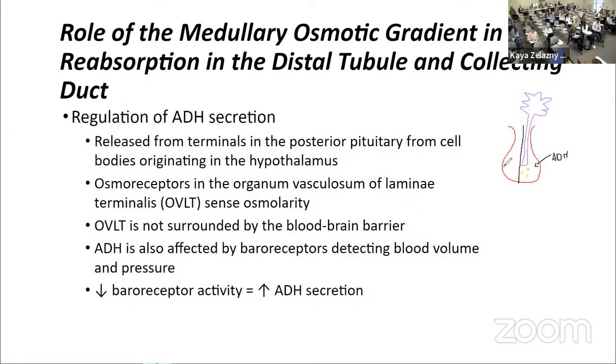Okay. Now, in order to determine whether we want to release it or not, we do have an organ essentially that senses osmolarity. So osmoreceptors and something called the organum vasculosum of the laminae terminalis, or OVLT, which always looks like Ovaltine to me, senses osmolarity. So what it's doing essentially is sensing how salty your blood is. It's sensing the concentration of solutes.